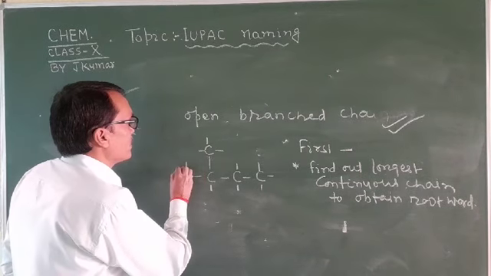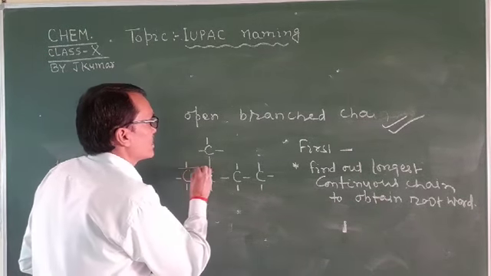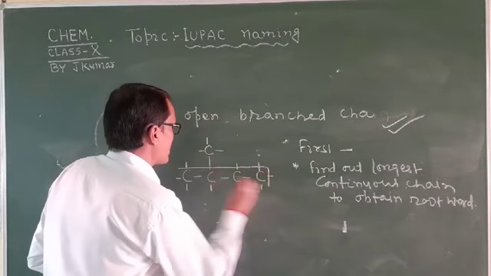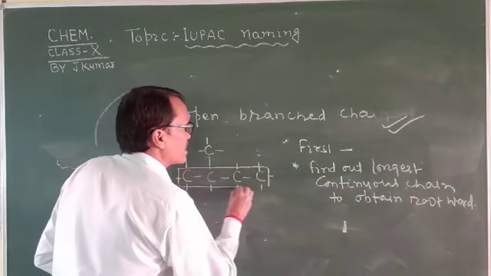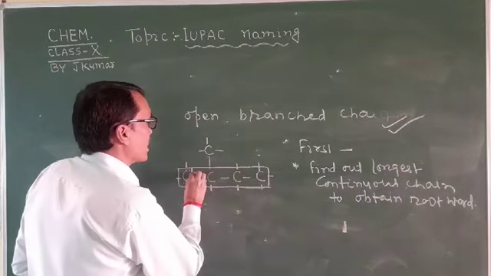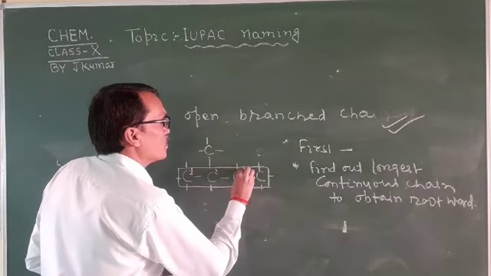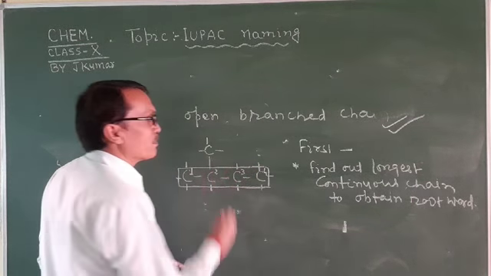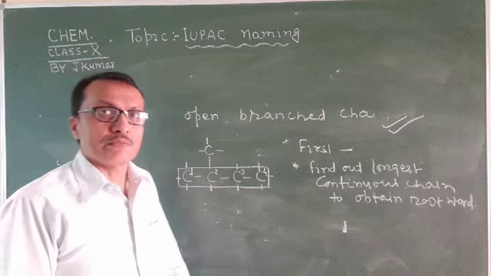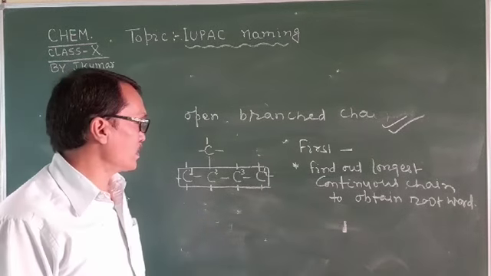So you can see this is the longest continuous chain, carbon 1, carbon 2, carbon 3 and carbon 4. Longest continuous chain of 4 carbons.